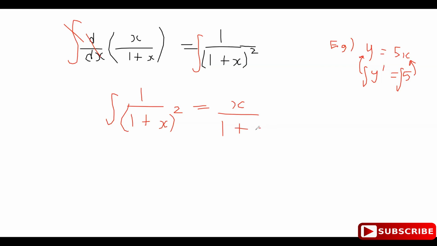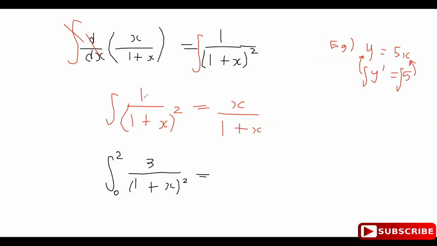Now the question they were asking you to do is hence find the integral from 0 to 2 of 3 over 1 plus x all squared.